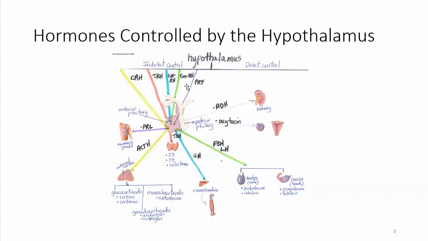Alrighty. There also is a growth hormone inhibiting hormone, and it does exactly what it says. It inhibits the release of growth hormone. Okay, it's also known as somatostatin.